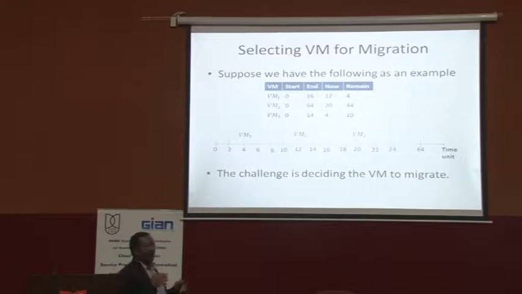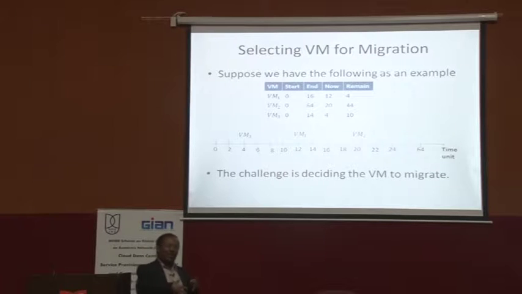Particularly when you try to minimize energy, you need to consolidate all of these jobs onto smaller physical machines, and you switch off the other ones. Or you can lower the speed of the CPU to save energy, which means you slow down these running processes.